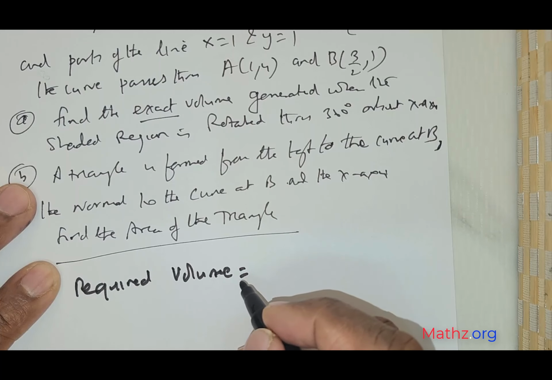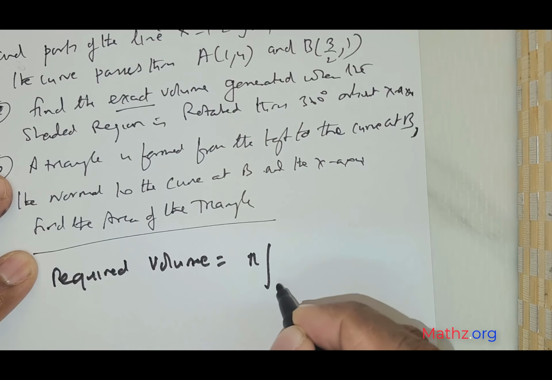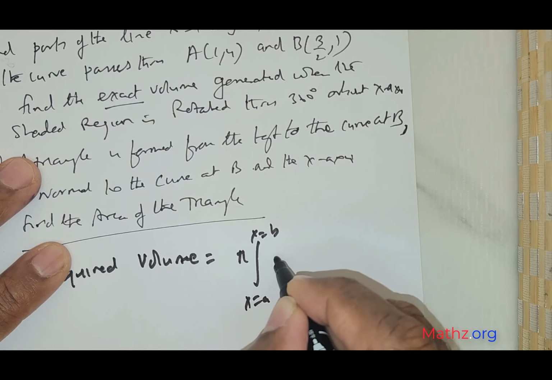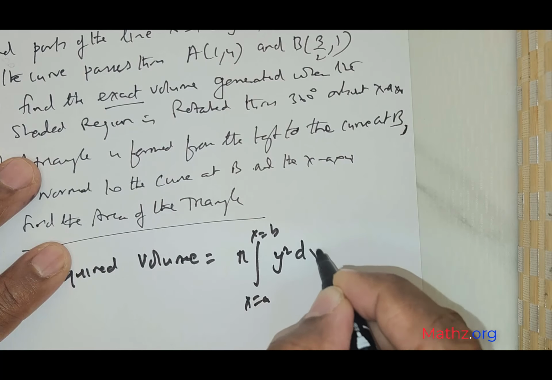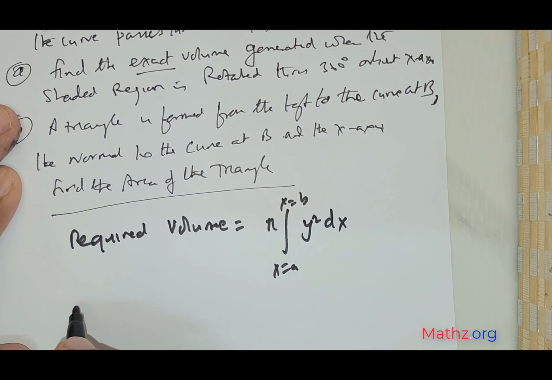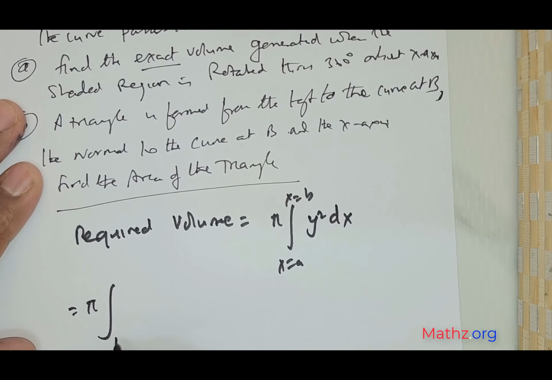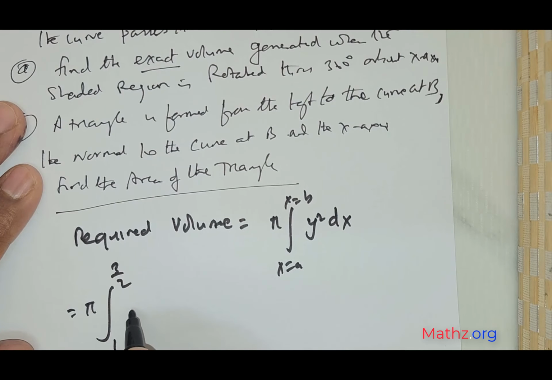Required volume is equal to pi times integral x is equal to a to x is equal to b y squared times dx. So this is the formula. Now the curve is given. So this is pi times integral from 1 to 3/2 of y squared, that's 4/(2x-1) raised to the power of 2. This has to be squared times the dx.